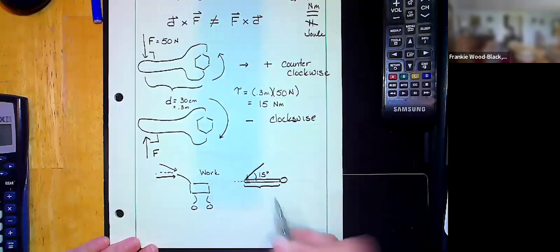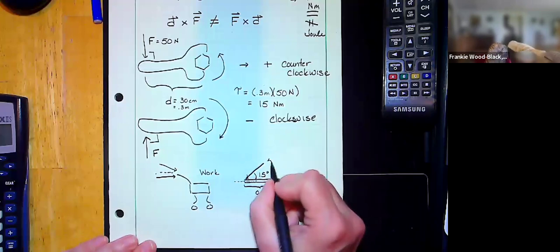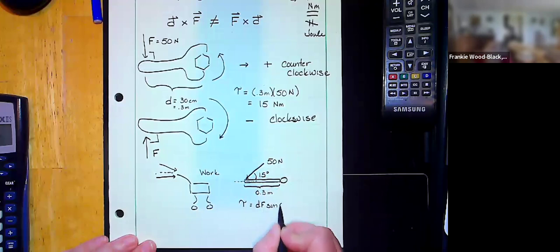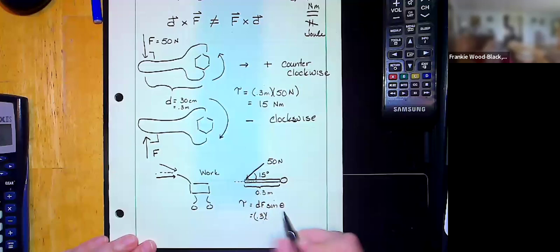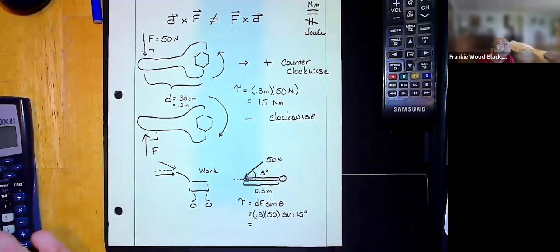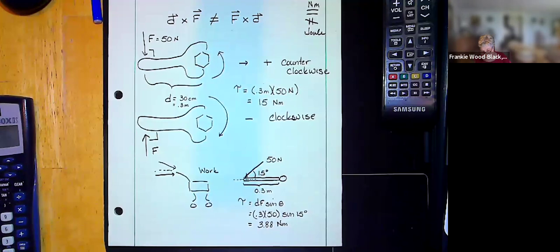This is still going to be 0.3 meters, and our force is going to be 50 newtons. So the torque is going to be dF sine of the angle. This is going to be 0.3 times our 50 newtons times the sine of 15 degrees. And this is going to be 3.88 Newton meters.